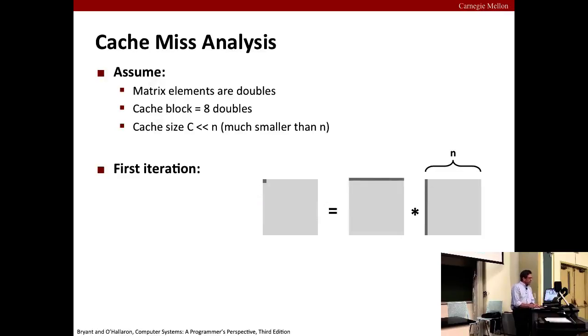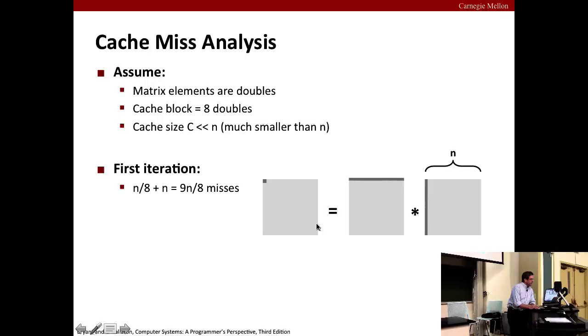So let's look at the miss rate for this. This is just our original unblocked matrix multiply. What we're doing is computing C00 by taking an inner product of row 0 and column 0.